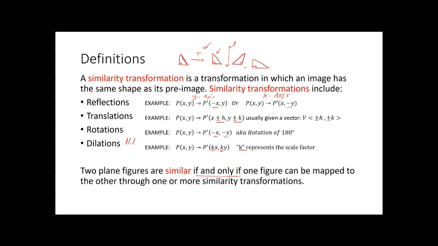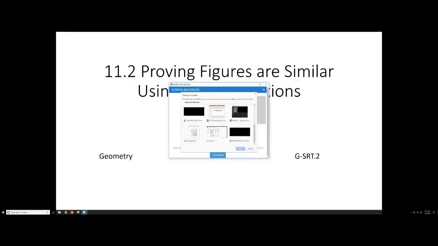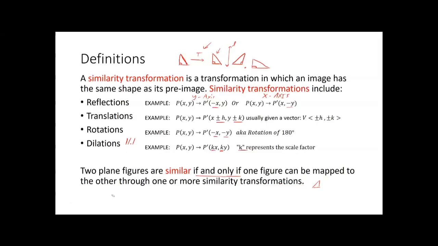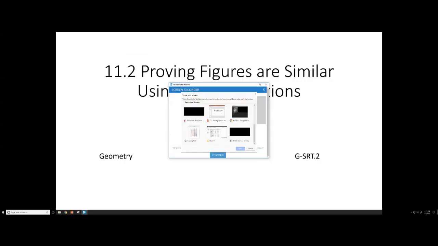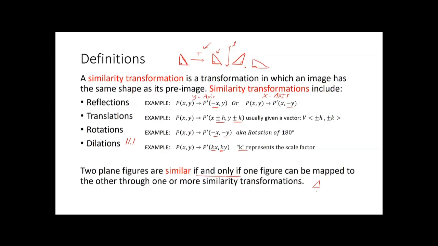An example of it not being that way would be, here's a right triangle, and we go through a couple of transformations, and then out comes a circle. Something definitely went wrong. That's not similar.